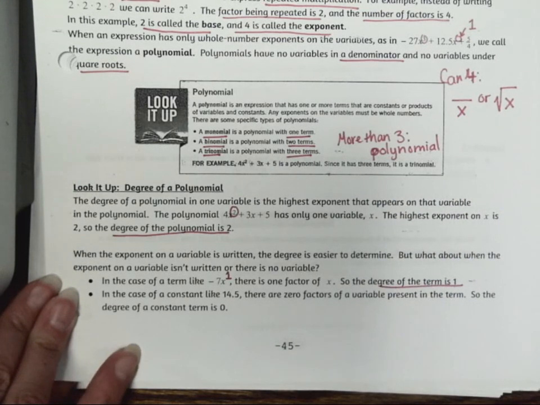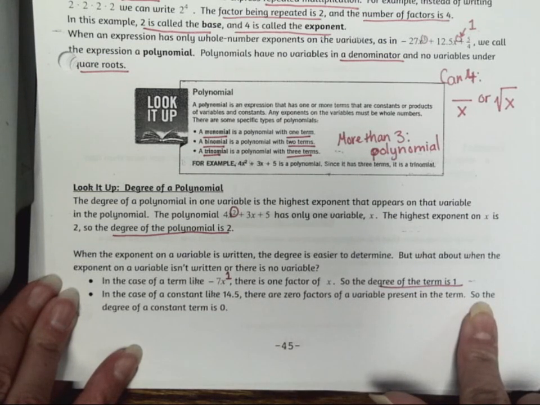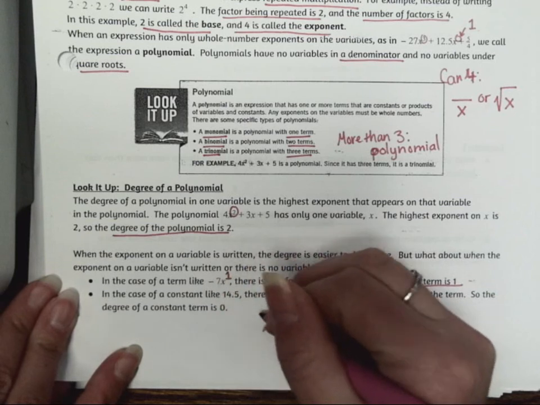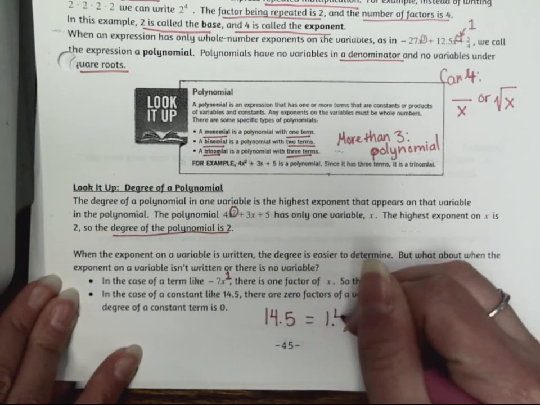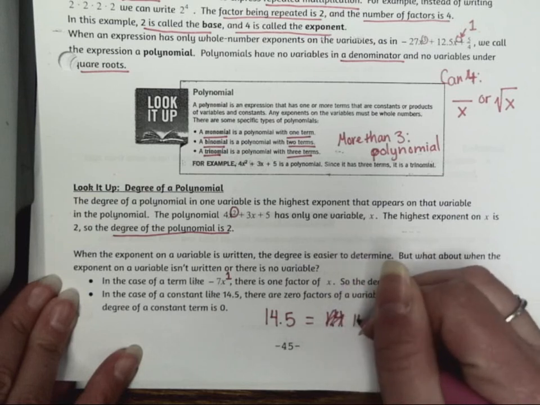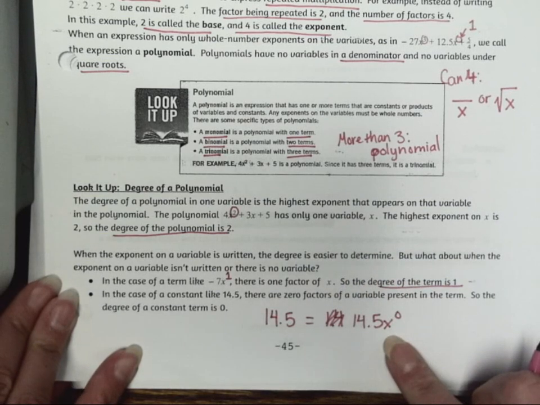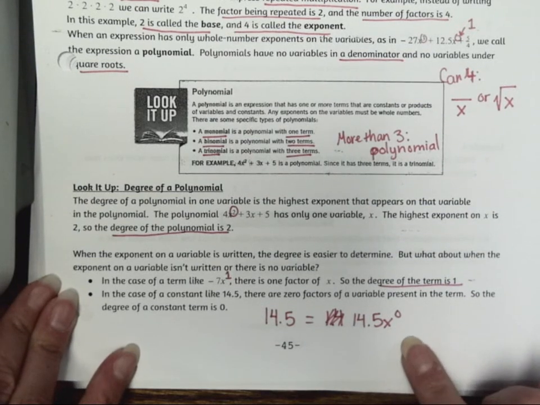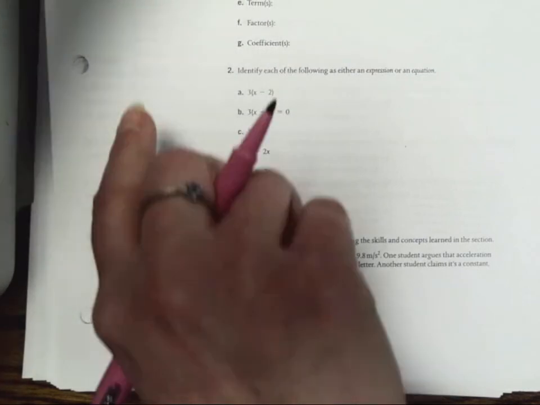If you only have constants, so you only have numbers, there are 0 factors of a variable. So 14.5 is the same as 14.5x to the 0, because there are 0 of them. So this has an exponent of 0.